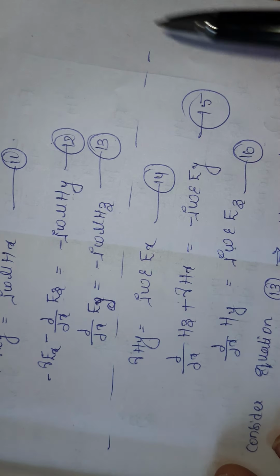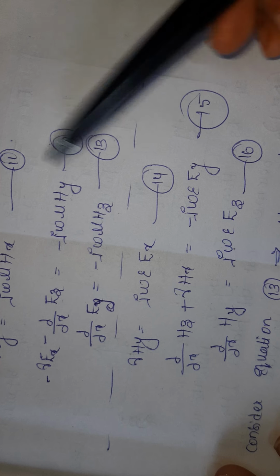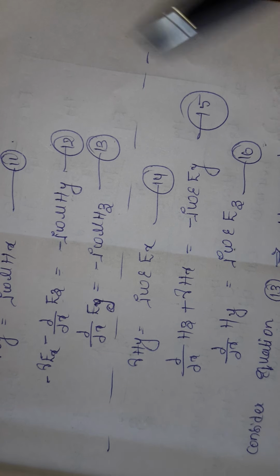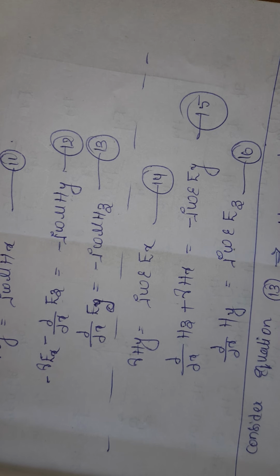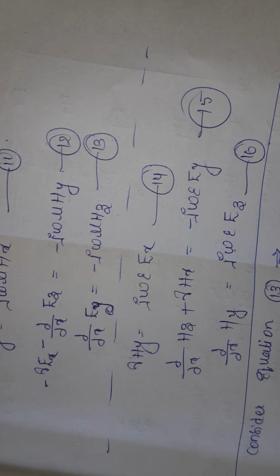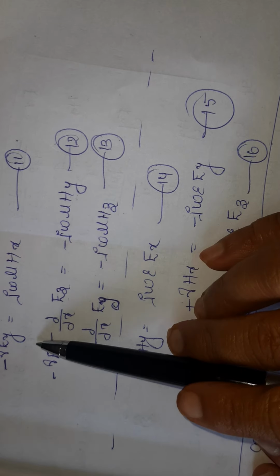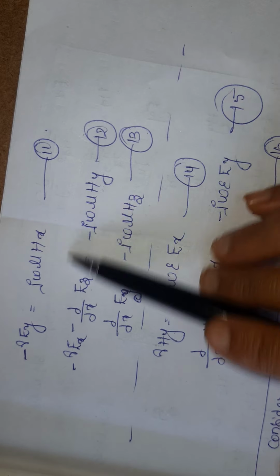So we got 6 different differential equations, 11, 12, 13, 14, 15, 16, in the last session. From these derivations we are going to get the field component expressions for the transverse electric mode. Now consider this equation 11.